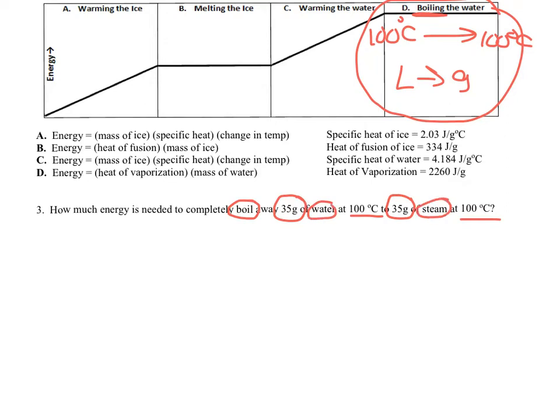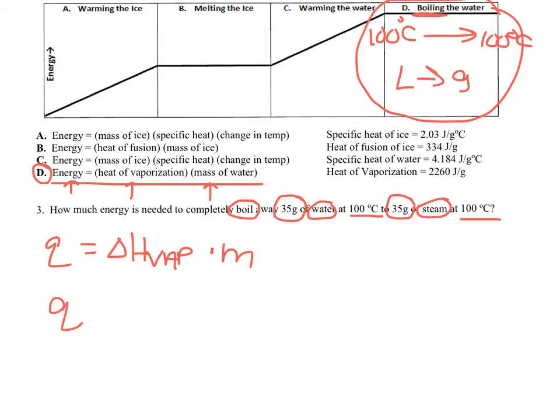So that must mean we're using section D, which is energy equals the heat of vaporization, HVAP, times the mass of water. All right, let's plug in and get that. What is my heat of vaporization? Where does that come from? Oh, it's right over here.